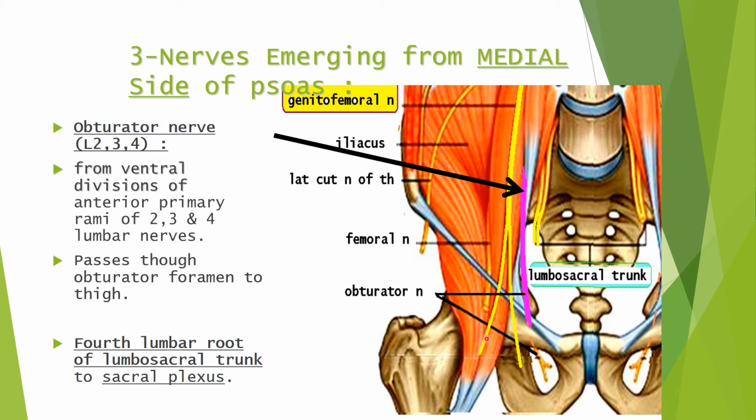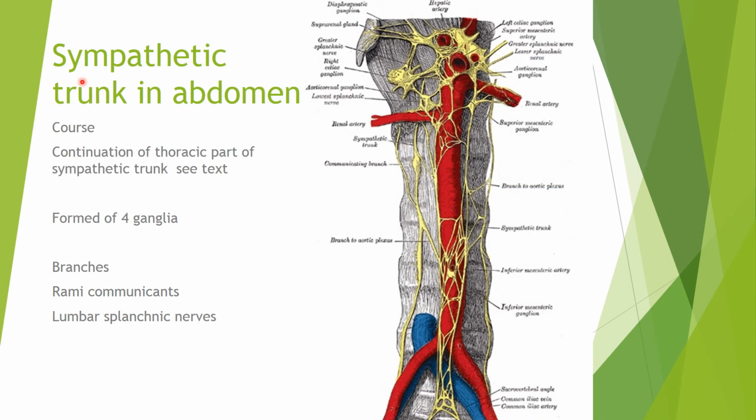And lastly, the fourth lumbar root forms the lumbosacral trunk that descends downwards to join the sacral plexus.